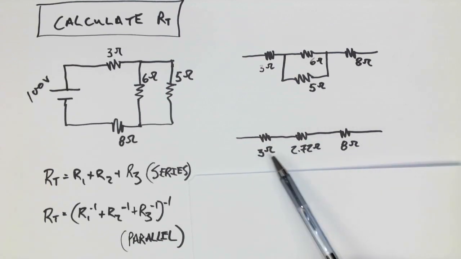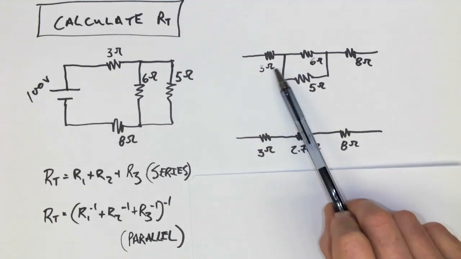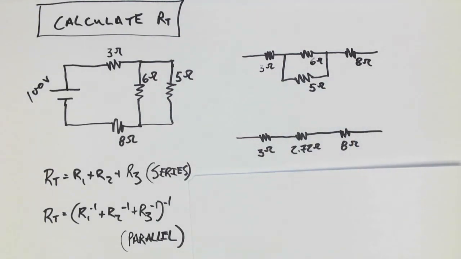So notice that the 3 and the 8 ohm resistors have remained in place. They didn't get changed at all, but instead I combined the 6 and 5 in parallel using my parallel resistance formula, and I got 2.72 ohms. So this would be an example of reducing this circuit one step at a time. Next step, I want to calculate this so that it is a single chunk of equivalent resistance.